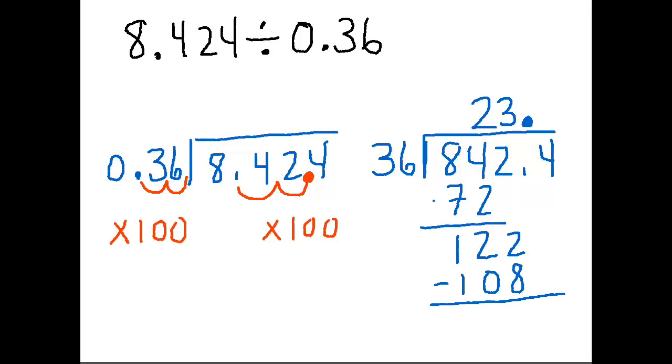I'll subtract, bring down my 4, and 36 will go into 144 4 times exactly, and I will have a remainder of 0. So I find that my quotient for 8 and 424 thousandths divided by 36 hundredths is 23 and 4/10.